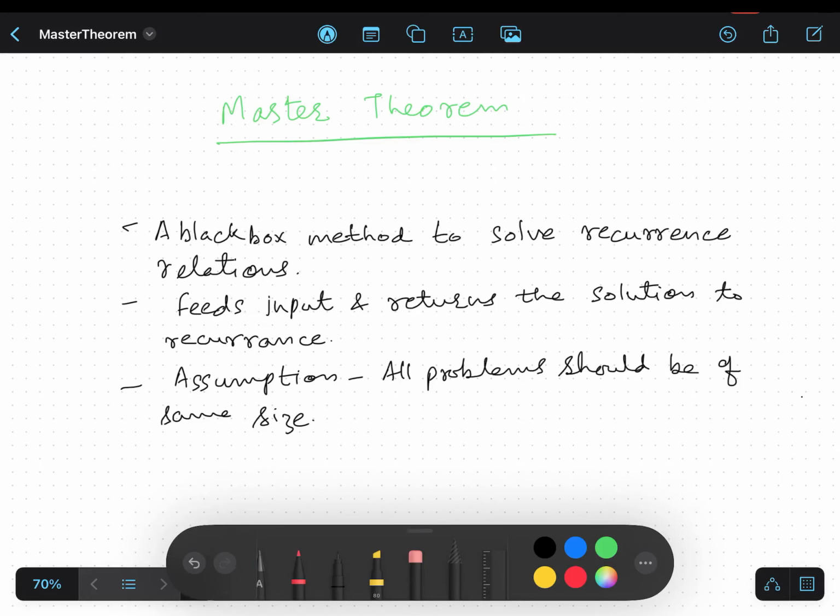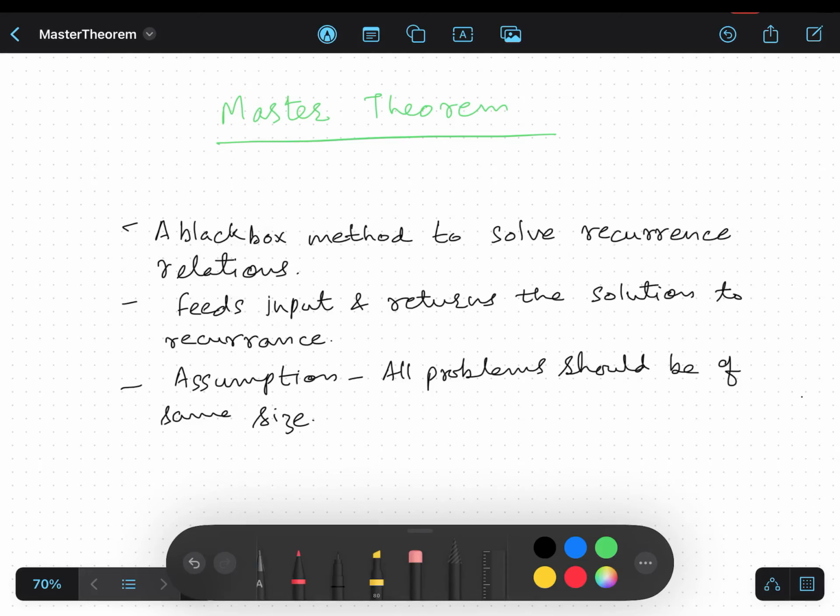Master theorem is probably the easiest of all the methods because it works like a black box where you feed in the values as input and it returns the time complexity. The only assumption when you can use a master theorem is when all problems should be of the same size.